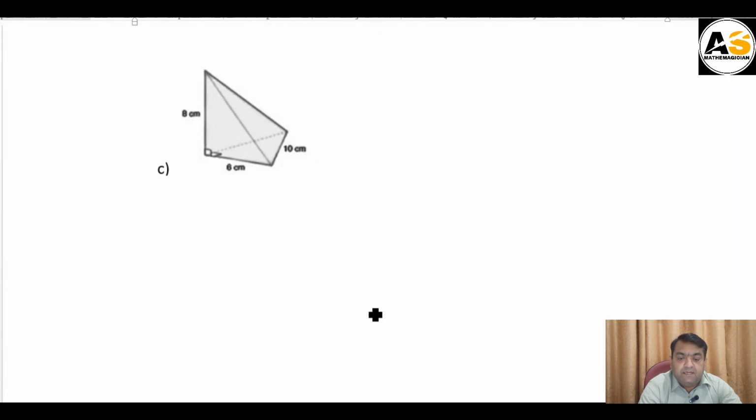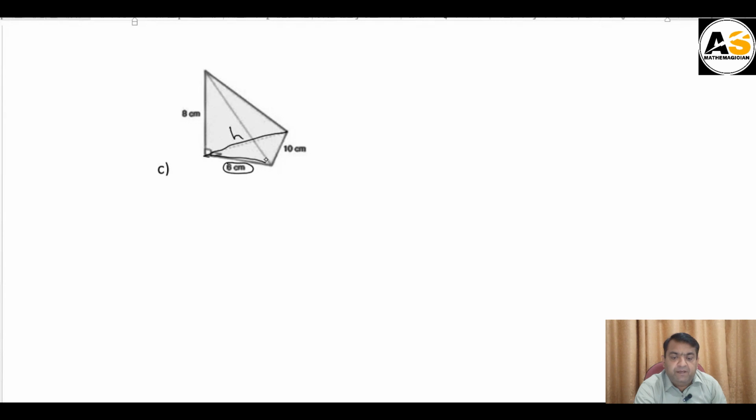In the next shape, this is a triangle, a right angle triangle. This is its base. This is its height, unknown. This is its one side. So by using Pythagoras theorem, I can find this height.